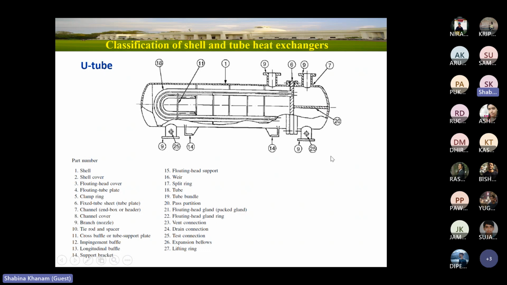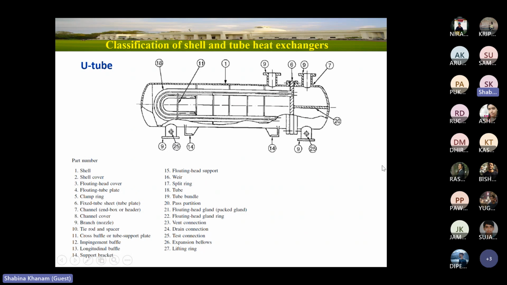Whatever the limitation of the fixed tube sheet, that it cannot accommodate thermal expansion or contraction, this can accommodate. How? Because here the tube sheet is fixed where the tubes are fixed, but here the tubes are not attached with the tube sheet. So if you consider this particular space, it can be used for thermal expansion and contraction of the tubes.